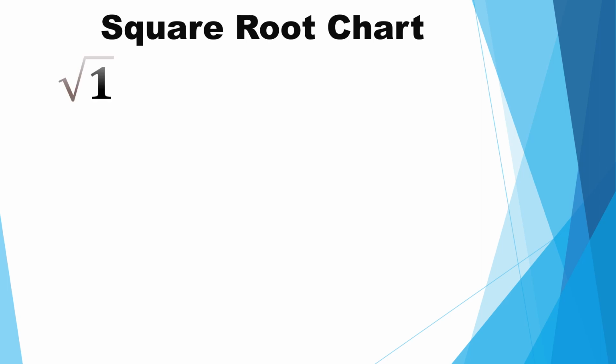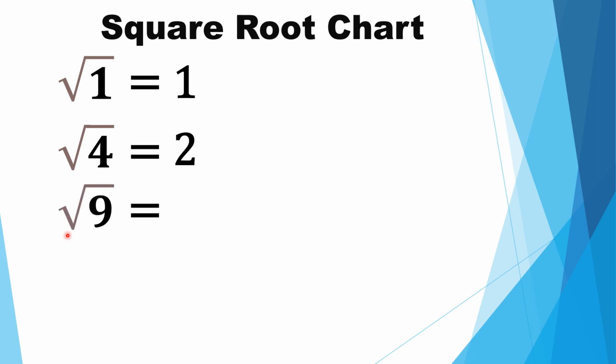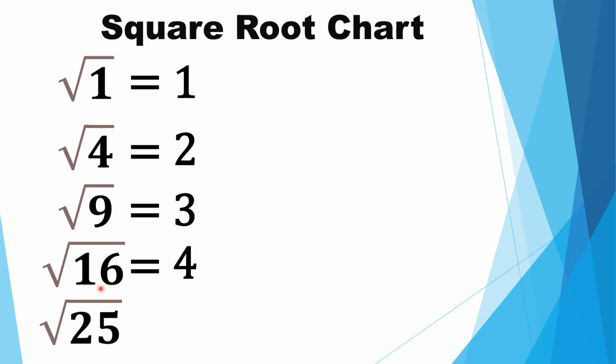Square root chart. Square root of 1 is equal to 1. Square root of 4 is equal to 2. Square root of 9 is equal to 3. Square root of 16 is equal to 4. Square root of 25 is equal to 5.